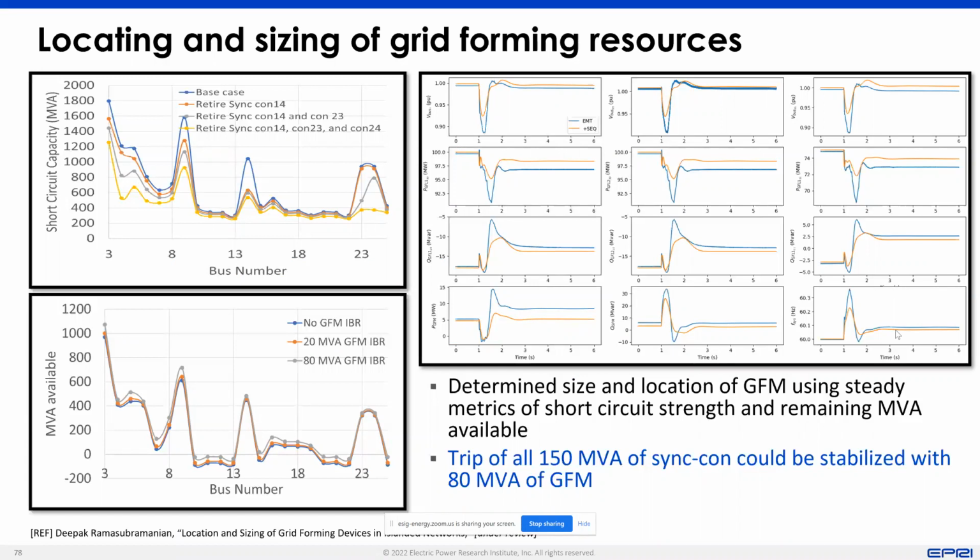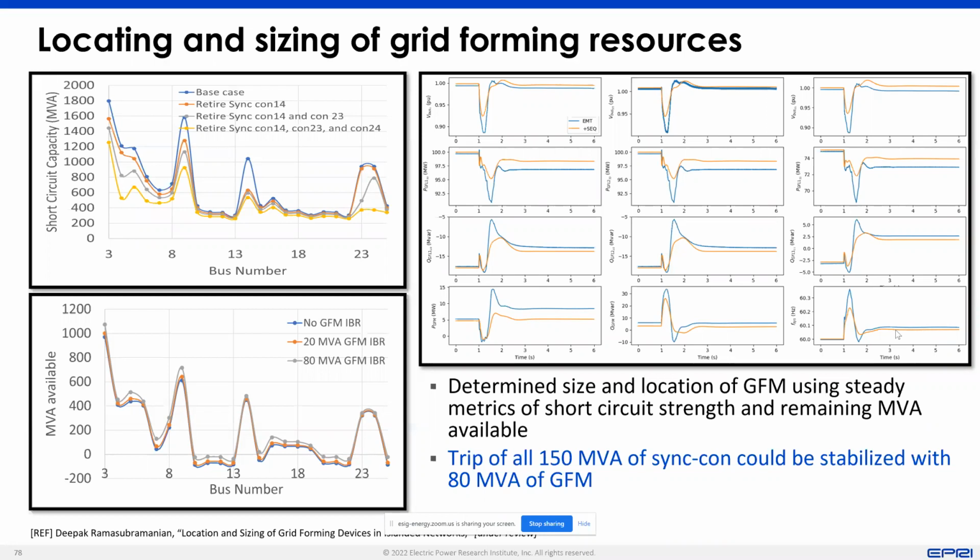So you can evaluate the remaining amount of MVA that is available at that particular node in the transmission network. You can utilize the remaining MVA availability, especially where it starts becoming negative, to get a baseline to size your grid forming inverter. So you can find out at which bus the MVA availability is becoming negative.